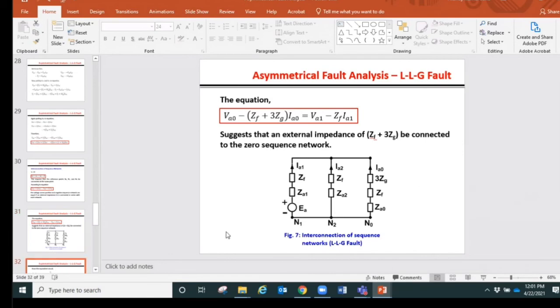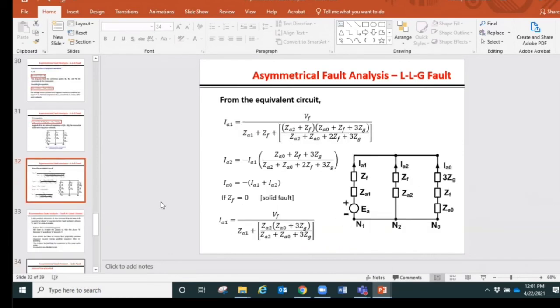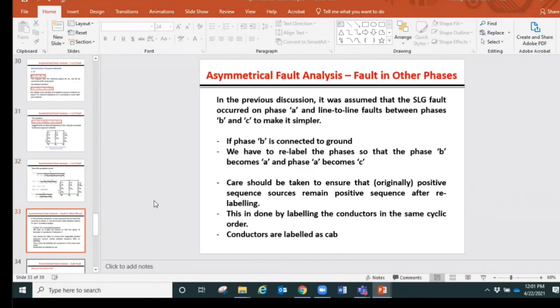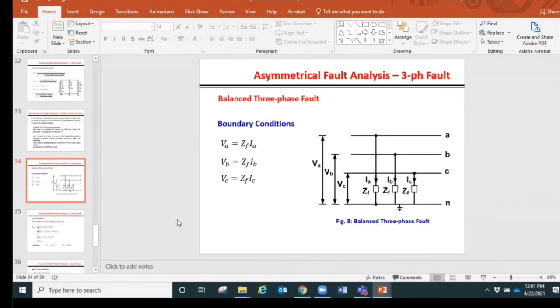So we can go to the next one. I'll come to this slide later on, which is the symmetrical, three phase fault. The three phase fault that we learned in Power Systems 1 is shown in the circuit diagram. All three phases are shorted to ground.